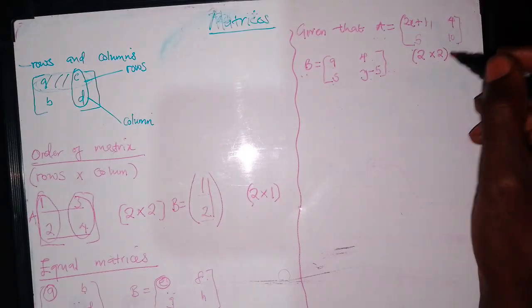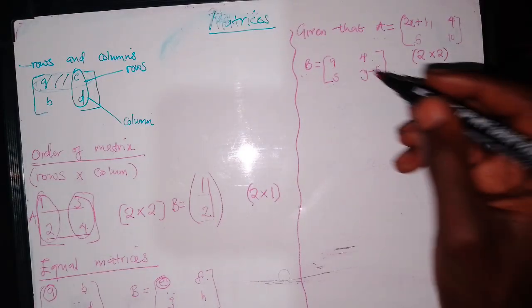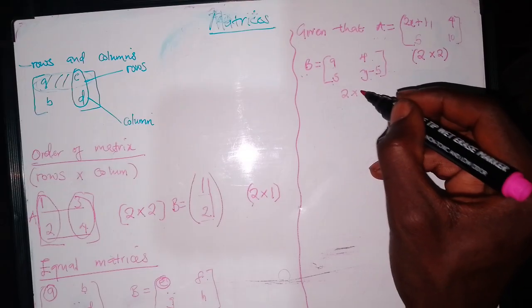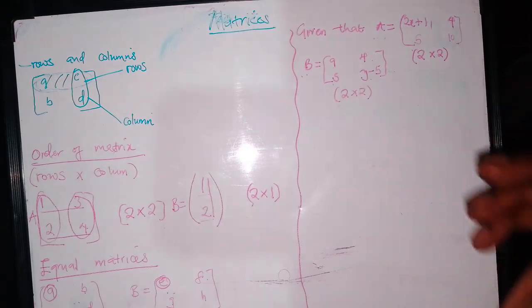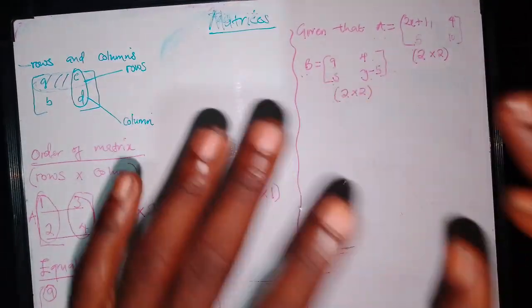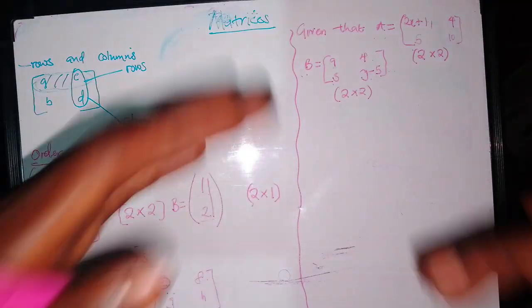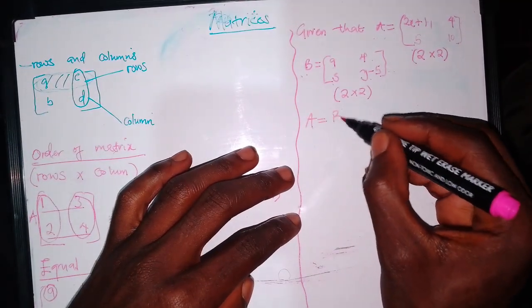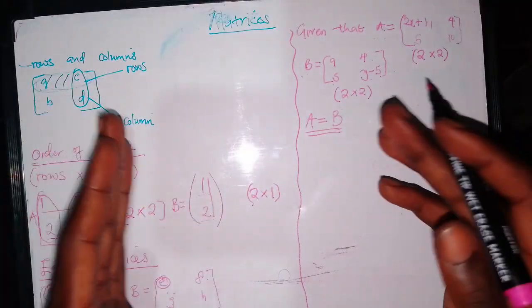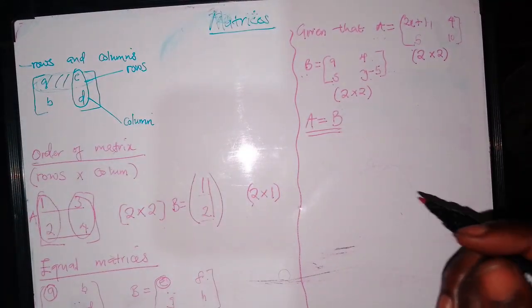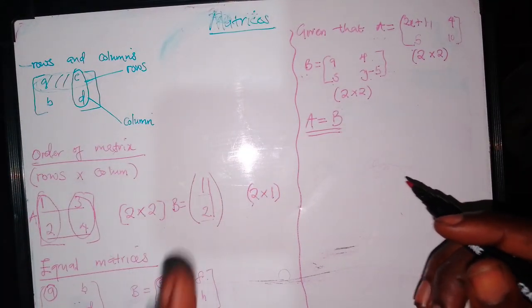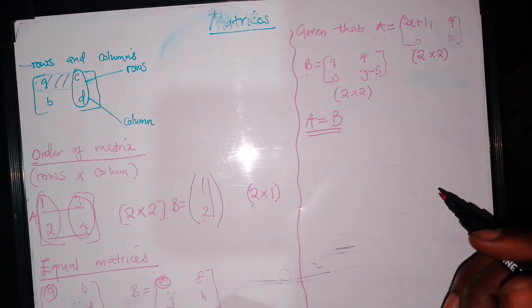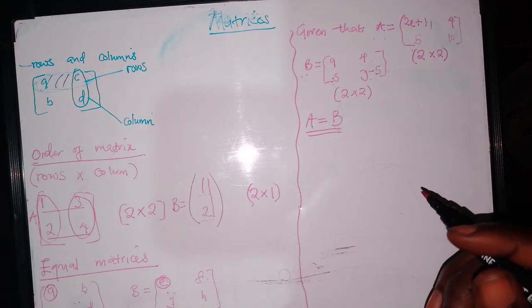It has the same, 2 by 2. Once you have identified the order of the matrices, you can say that A is equal to B because these are equal matrices. What did we say about equal matrices? They have the same order.